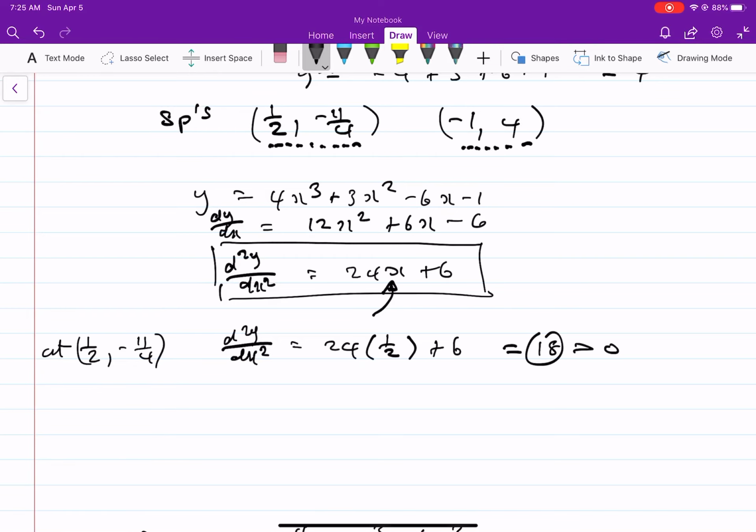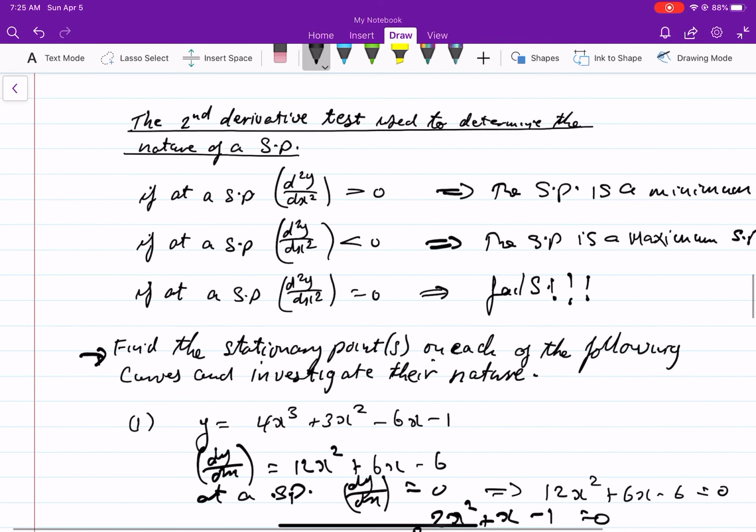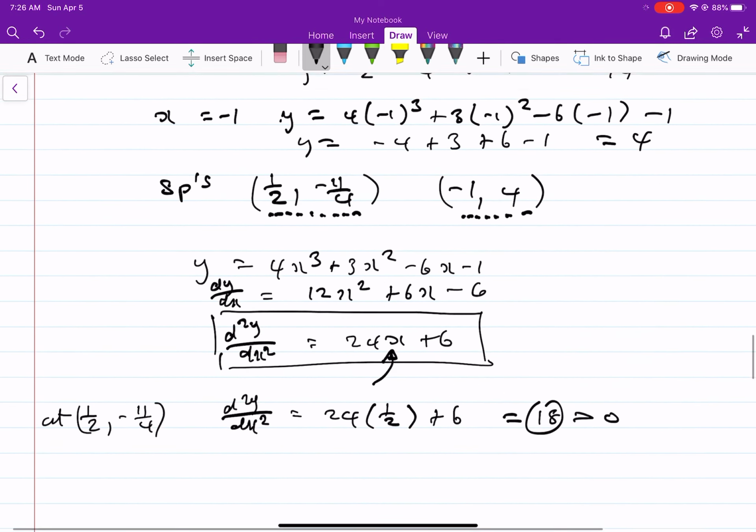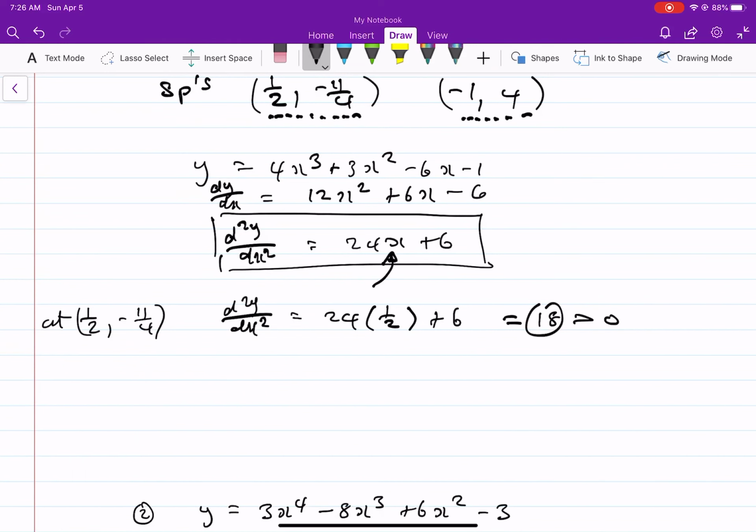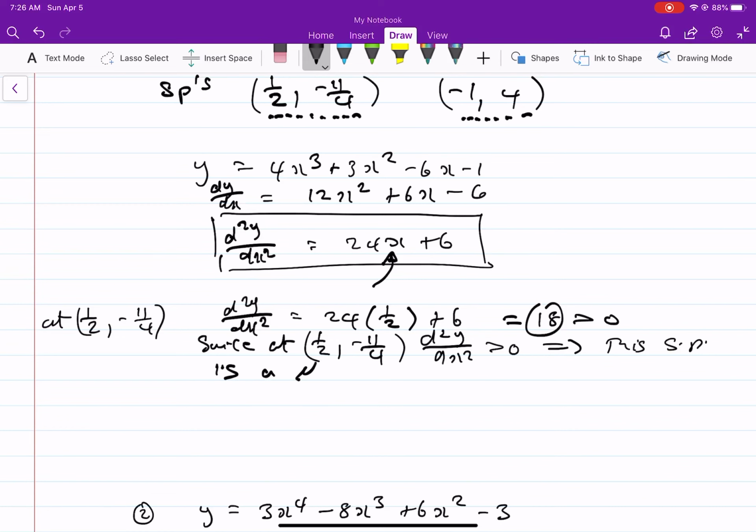According to the test, when the second derivative is greater than 0, you have a minimum stationary point. So since at 1/2 and minus 11/4, d squared y upon dx squared is greater than 0, it implies that this stationary point is a minimum stationary point.